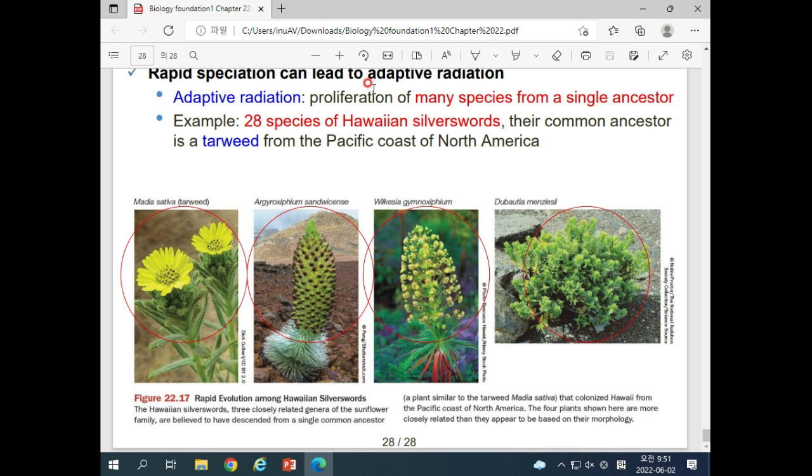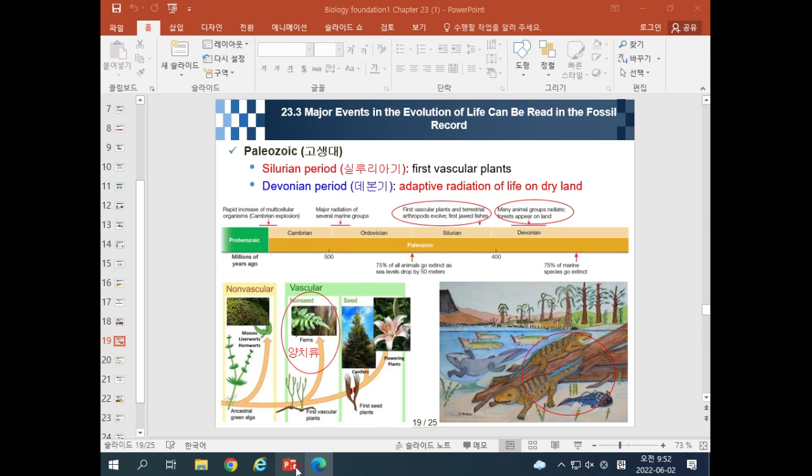This one looks different, but this one comes from this one. This one we call it as adaptive radiation. So now they did adaptive radiation of life on the dry land.